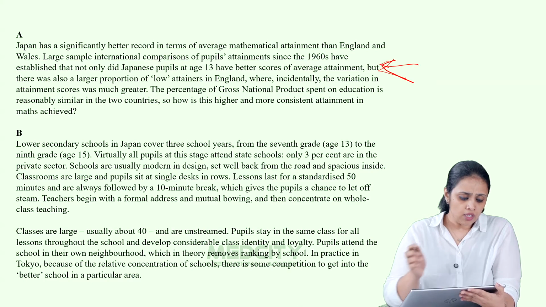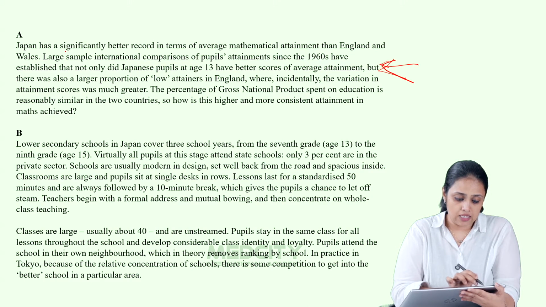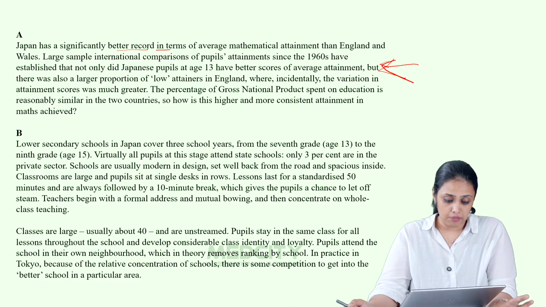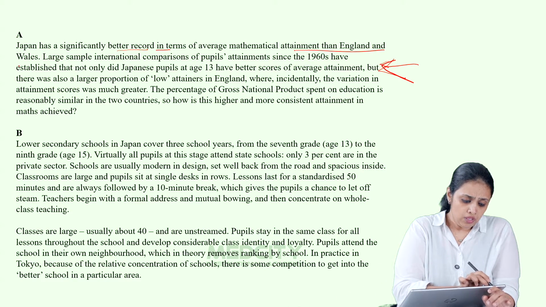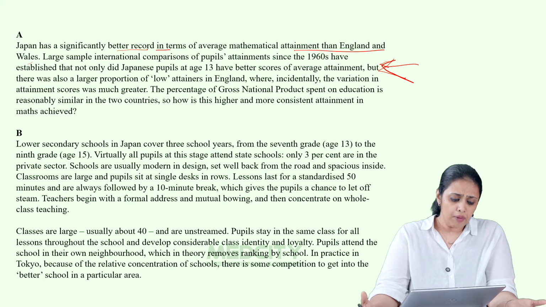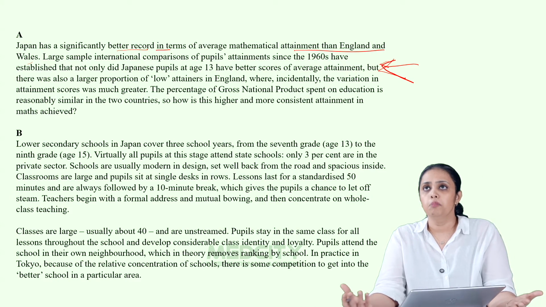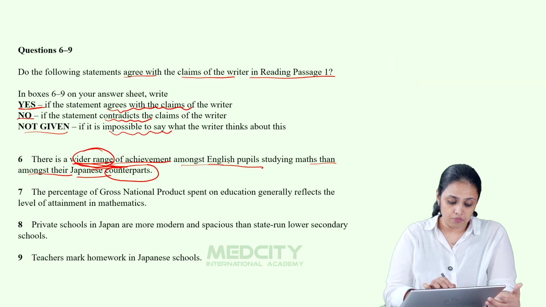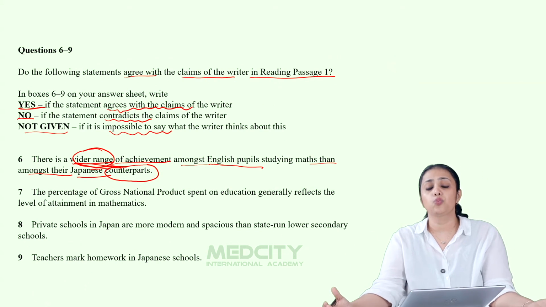Okay. Now it says that Japan has a significantly better record in terms of average mathematical attainment than England. Now what does this first sentence say? Sometimes this sentence confuses the students. The passage says that Japan has better, but the question says English pupils' achievement has wider range.